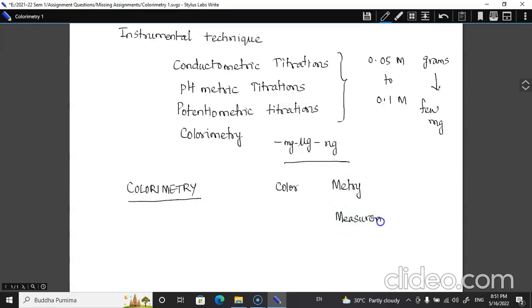Then color, so it is nothing but measurement of color intensity. What is it that we measure for color? Color intensity.